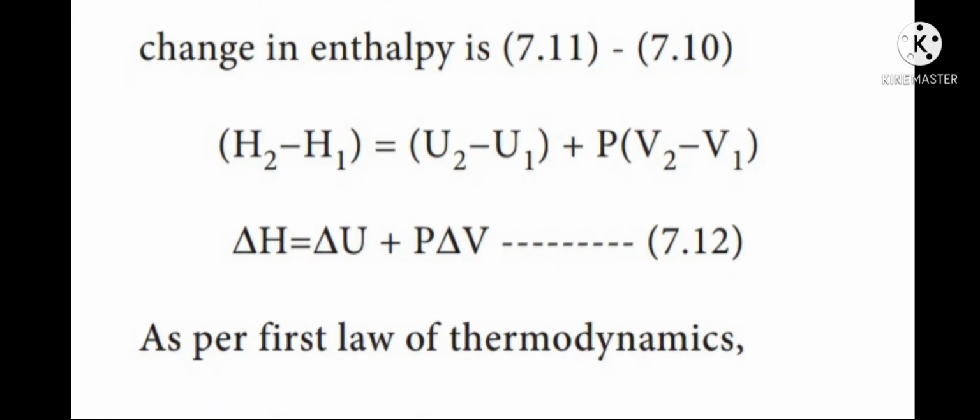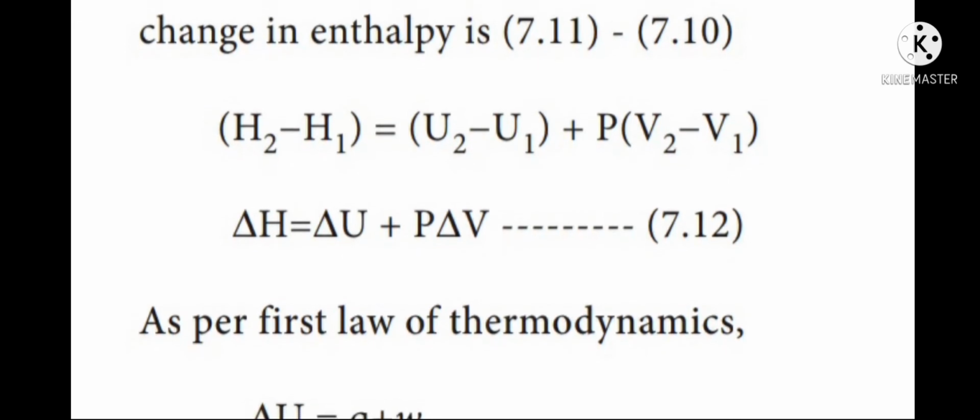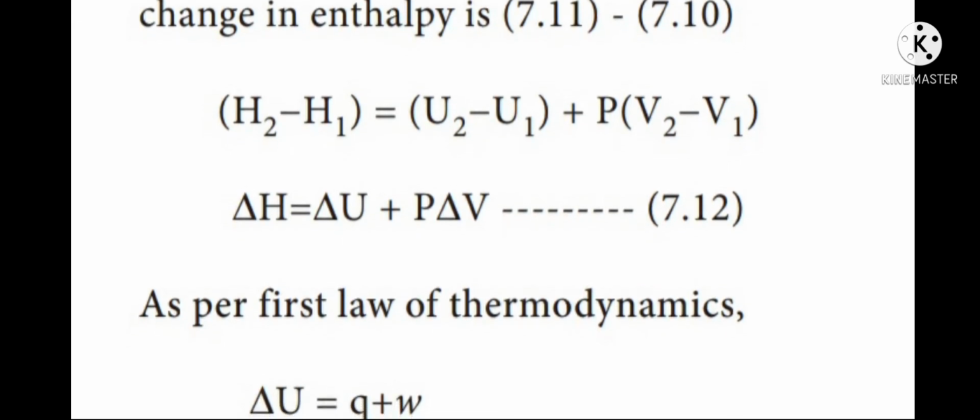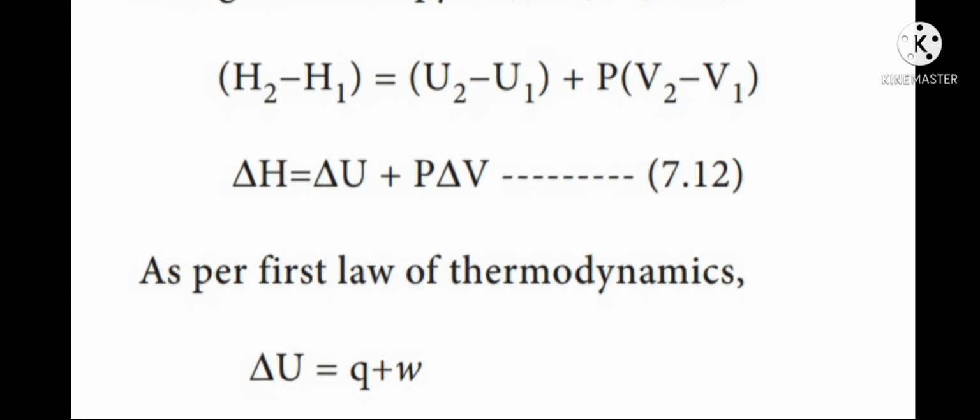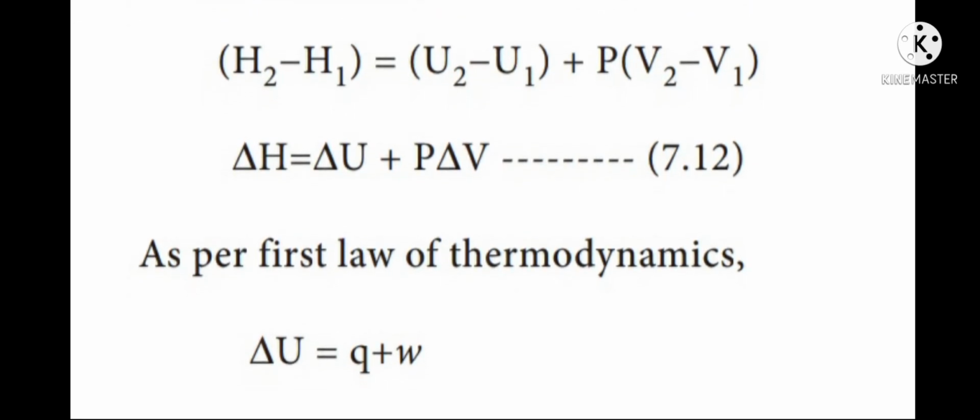In this equation 7.12, delta H is change in enthalpy, delta U is change in internal energy, delta V is change in volume.